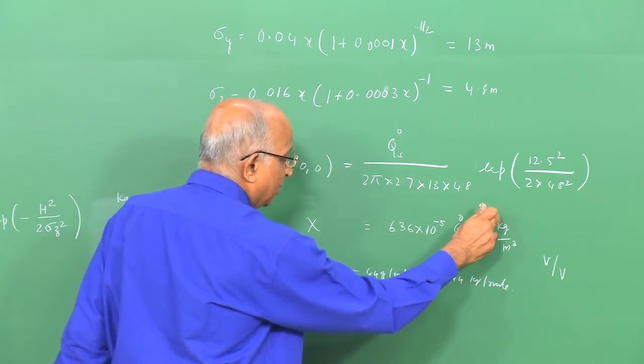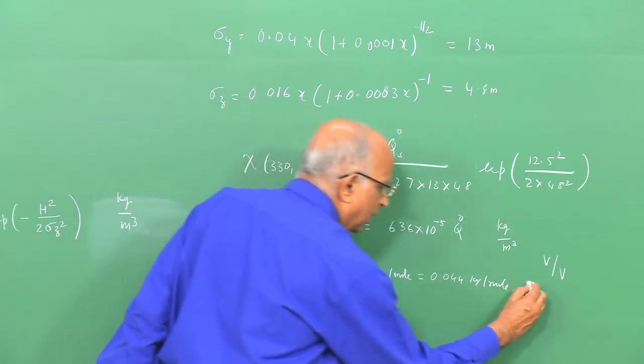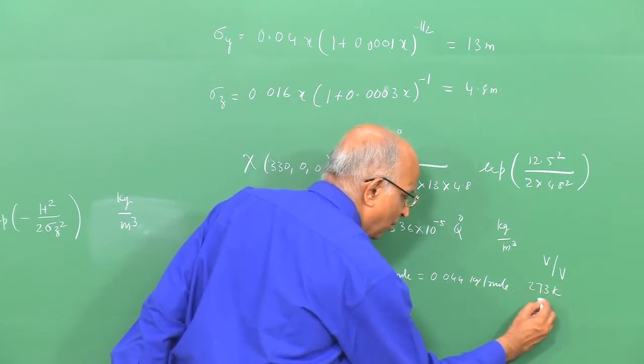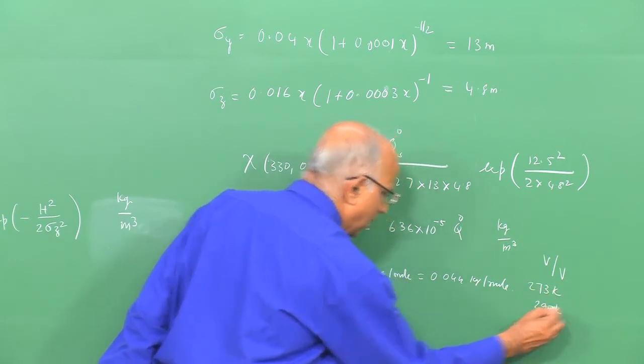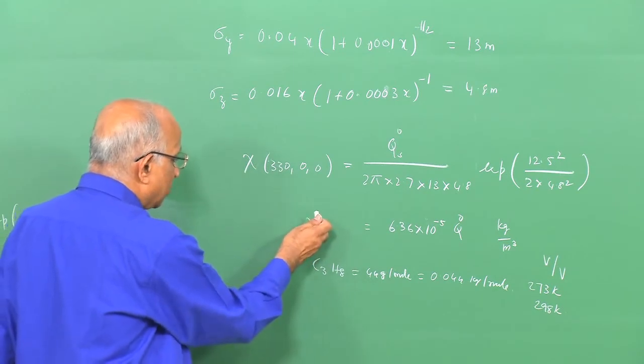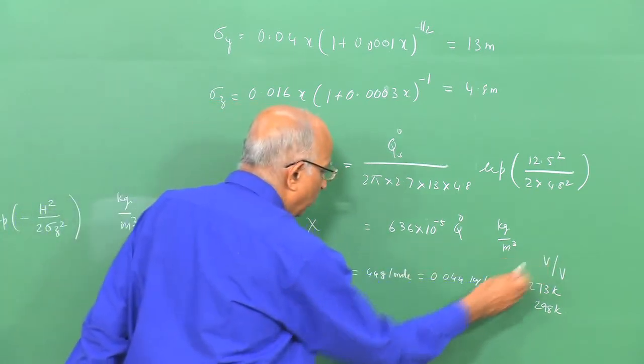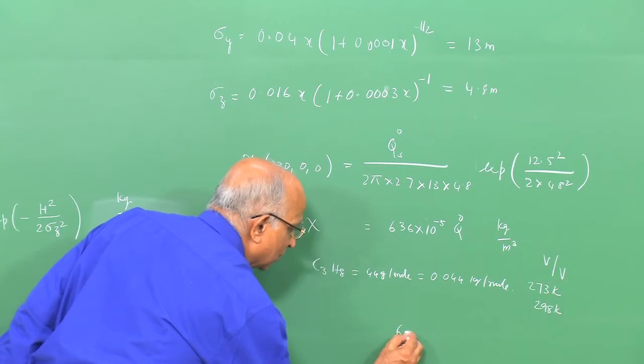Here the temperature is something like 0 degrees centigrade, temperature is 273 Kelvin instead of being standard condition of 298 Kelvin.